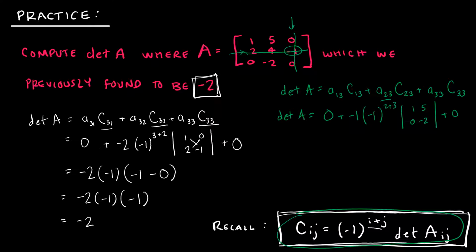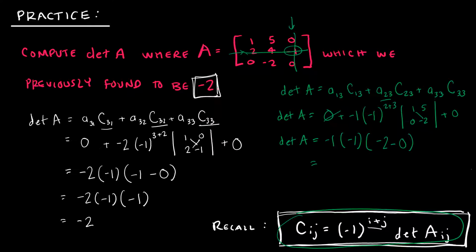So again, I've chosen one with a lot of zeros. So the determinant of A is going to be, we don't care about the 0, negative 1. And then negative 1 to the 2 plus 3 is negative 1 to the 5th, which is negative 1. Then I'm going to take 1 times negative 2 minus 0 times 5.